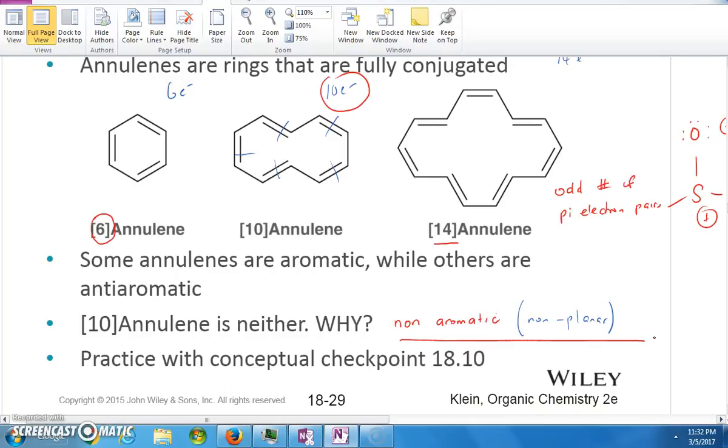So in addition to cyclooctatetraene, which is non-aromatic, I want you to know that this 10-annulene, which has a total of 10 electrons or 5 electron pairs, is considered to be non-aromatic.